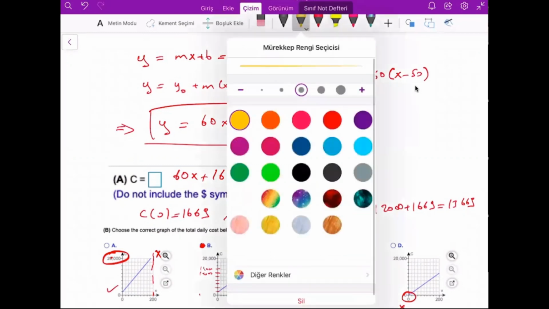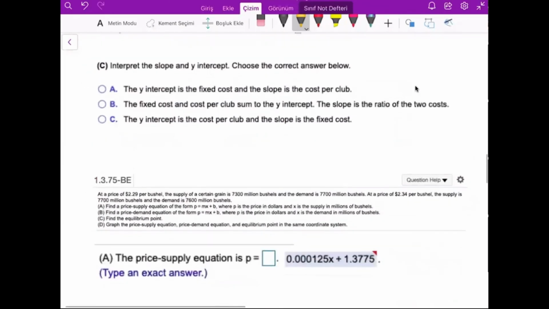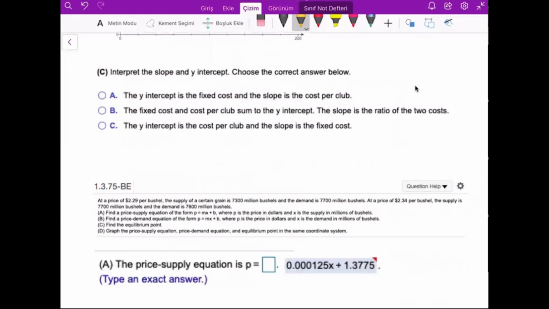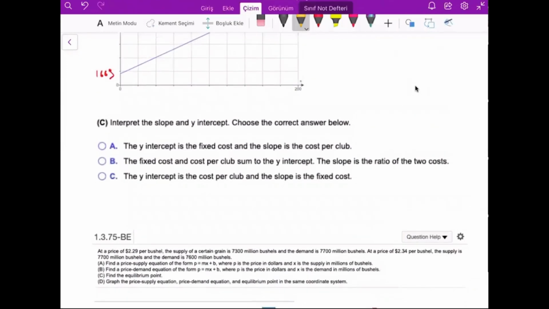And this is the slope. So the slope is 60. Choose the correct answer. The y-intercept is the fixed cost and the slope is the cost per club.